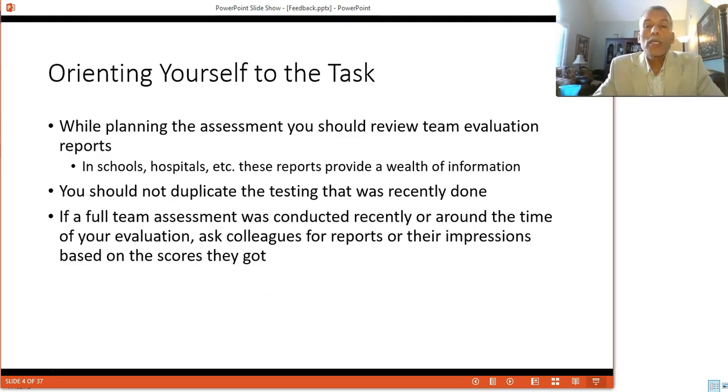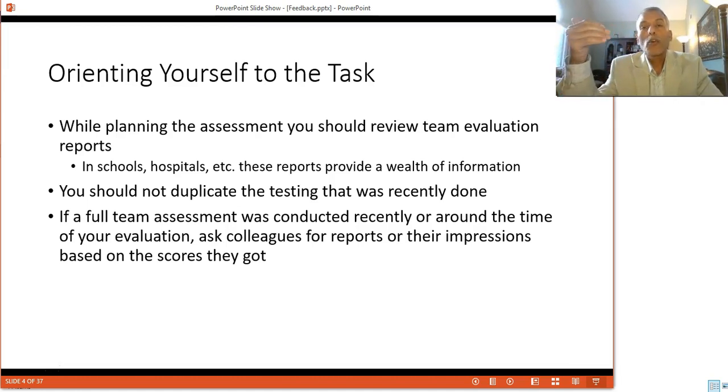So it is important while you are planning your evaluation, what to use and all of this, in order to build that list of areas of difficulty, to review any evaluation reports that are available on file. Typically, like in a school system or a hospital, the whole team sometimes has a deadline and the team begins evaluating. And in many cases, you might do your evaluation after someone else.